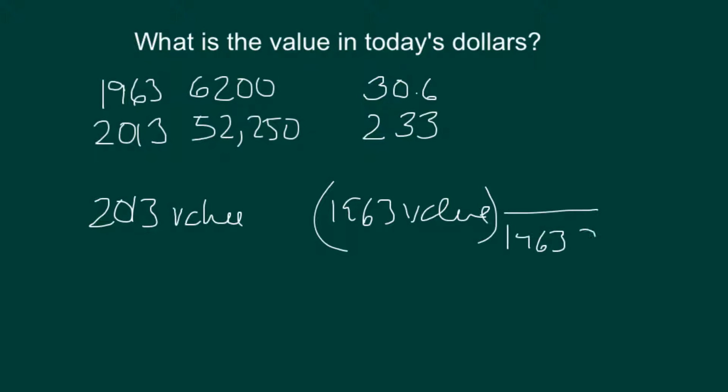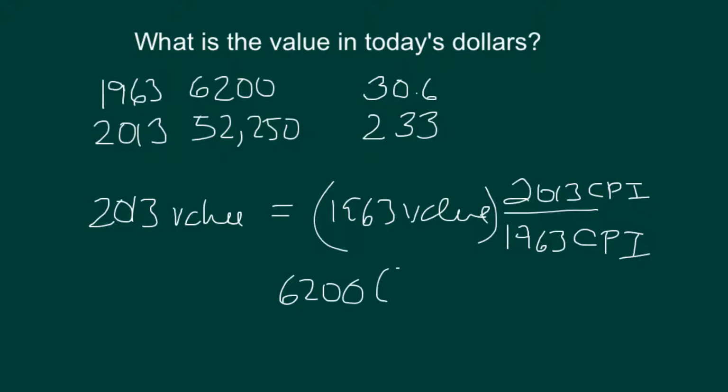So if you think about what you would do if you were multiplying fractions, if the 1963 value is essentially in the numerator, then if I divide it by 1963 dollars, those get pulled out. And then I want it to actually be in 2013 dollars, so I need to multiply it by the 2013 CPI. And so by doing this, I will actually be left with a 2013 value. So using our numbers, that would be 6,200 times 233 divided by 30.6.